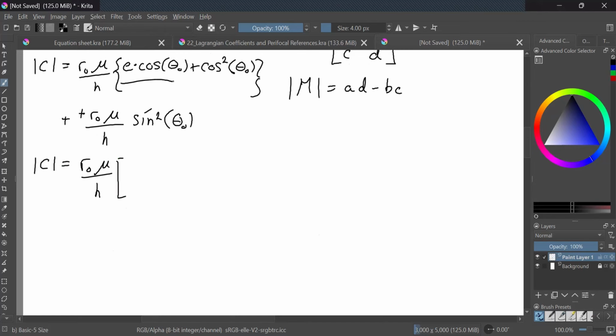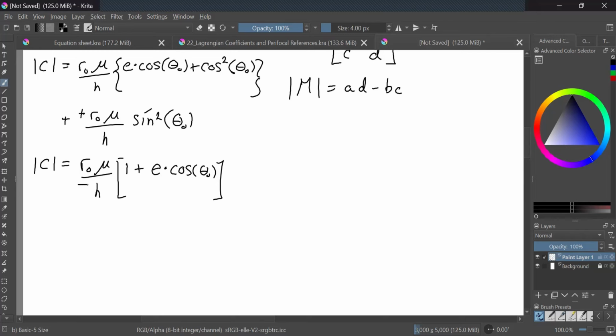So we will have e times cosine, cosine squared, and sine squared. Sine squared and cosine squared is 1, plus the eccentricity of cosine of theta naught. So now we have R naught mu by H times 1 plus the eccentricity times the cosine of theta naught.